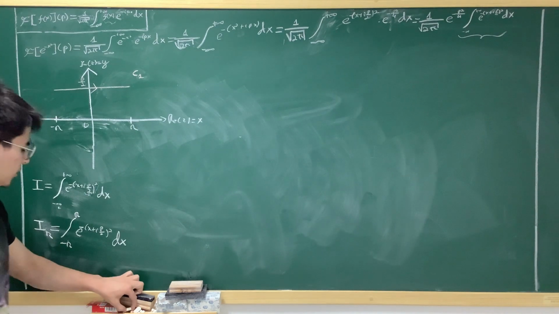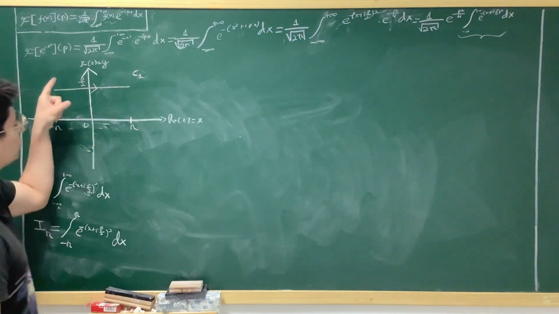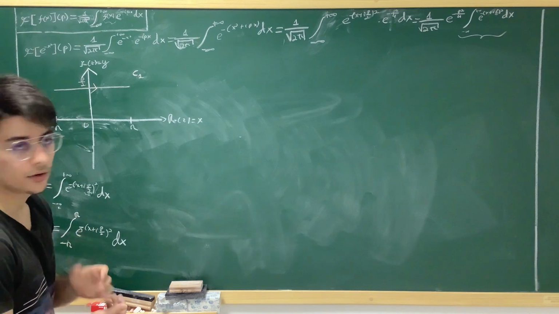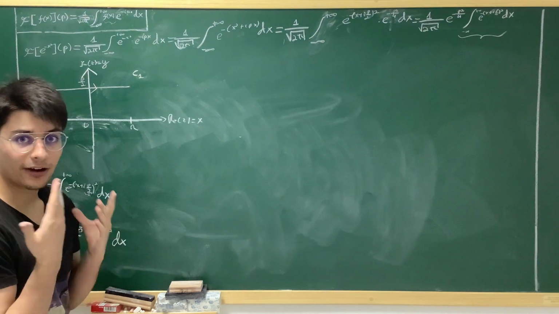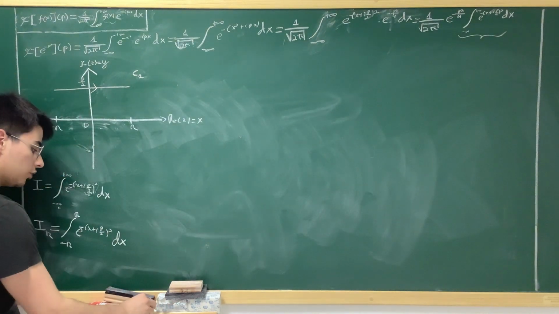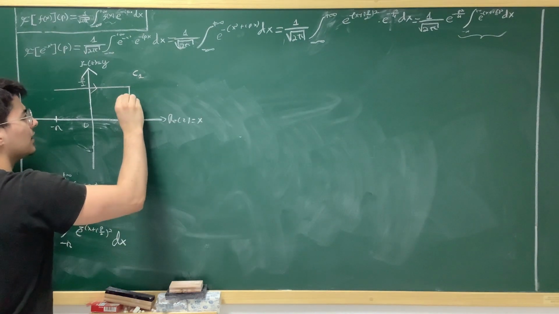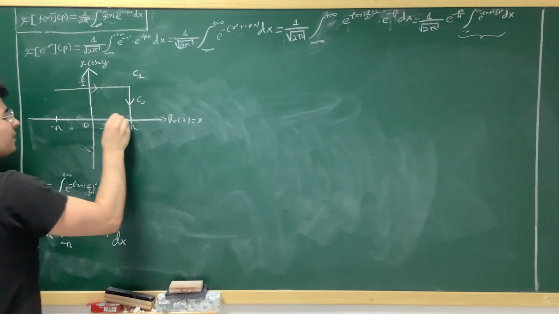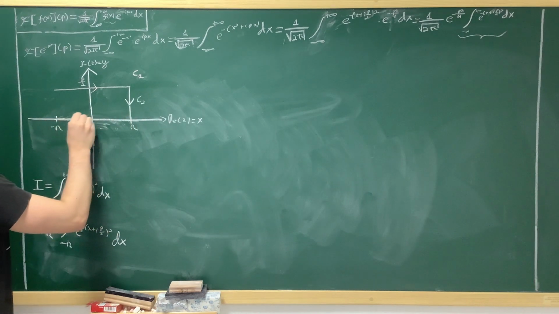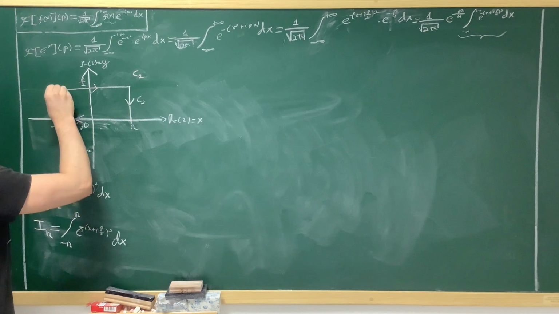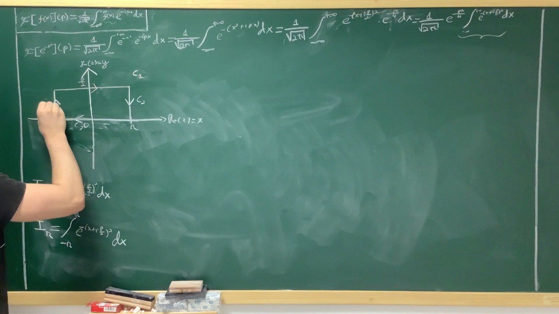Now, what we want to do is to close this curve. We want to make a contour. So to make a contour, we can go really easy, don't get too complicated, and say this is going to be C2, this is going to be C3, and this is going to be C4.